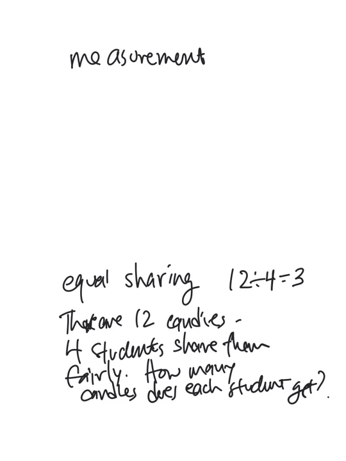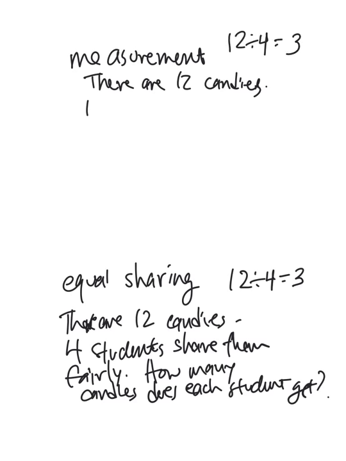A measurement question could start the same way. There are 12 candies, but now I want to say, to make it measurement, which is asking how many, if I'm doing 12 divided by 4, how many 4s are in 12, I'll say each student gets 4 candies.